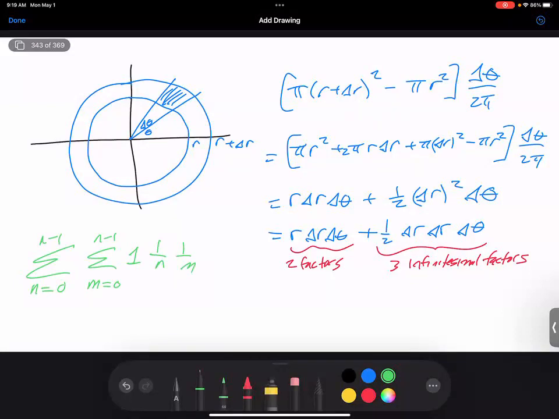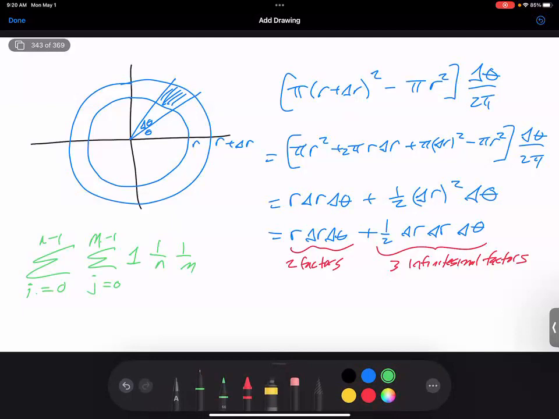If n goes from 0 to n minus 1 and m goes from 0 to n, let's make this i goes from 0 to n minus 1. Let's make this j goes from 0 to m minus 1.